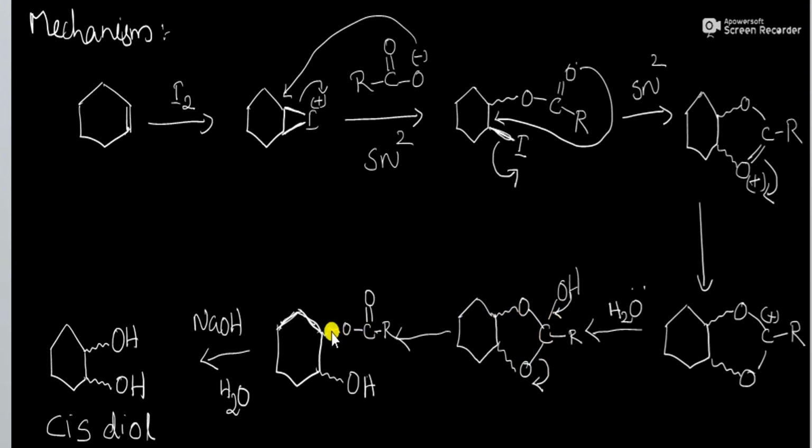Then we get O, C, double bond O, R, and here O minus, which will be protonated using this hydrogen, and we get a structure like this. Then the last step is saponification or base hydrolysis. It will be converted into diol and it will be cis diol.